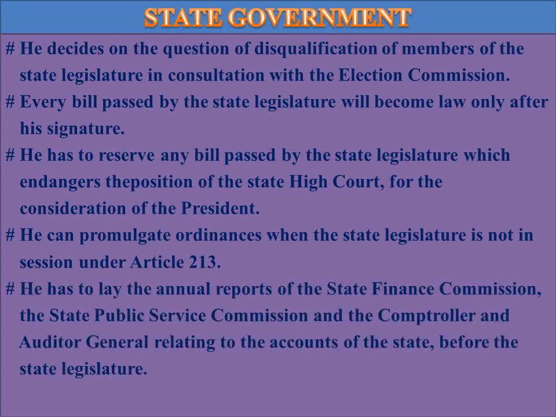The next point is the last point of legislative power. He has to lay the annual reports of the State Finance Commission, the State Public Service Commission, and the Comptroller and Auditor General relating to the accounts of the state before the state legislature.